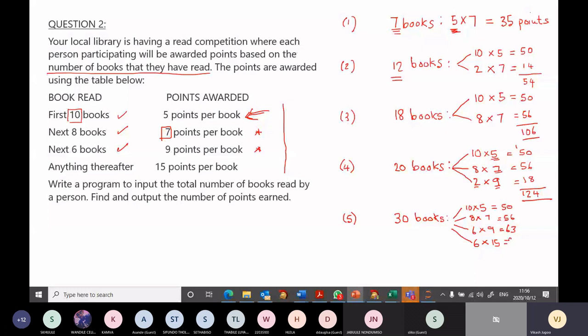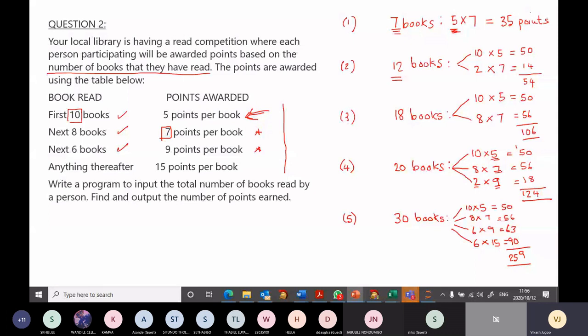And if I add them up, we get 250. So this person that reads 30 books gets 250 points.